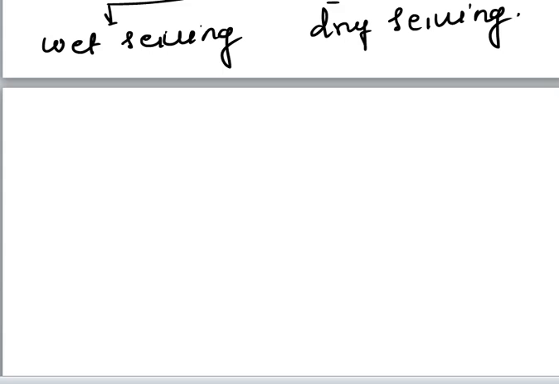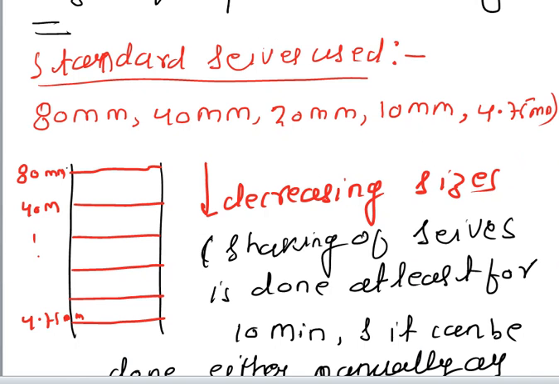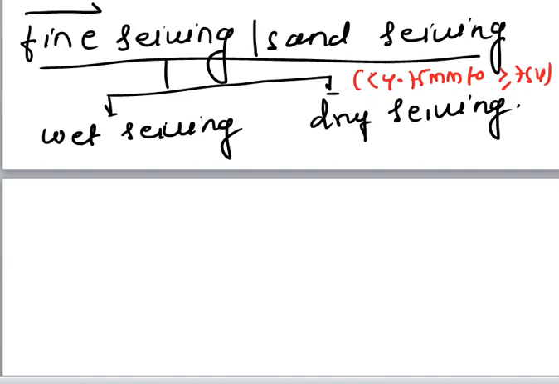First of all, note the standard sieves which are being used. What will be the particle size range in case of sand sieving? It will lie between less than 4.75 mm and greater than or equal to 75 micron. This is the range of particle size for which sieving is done in case of sand.